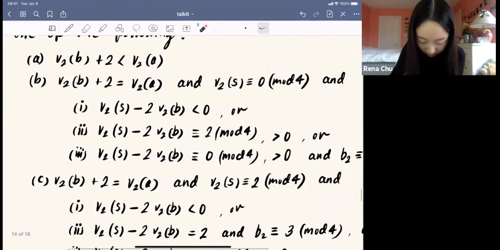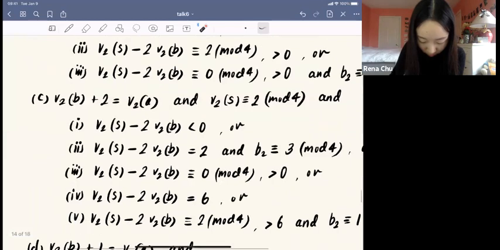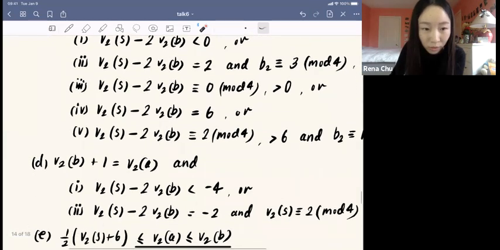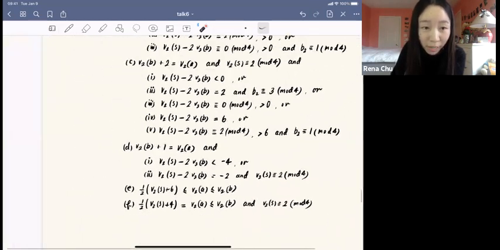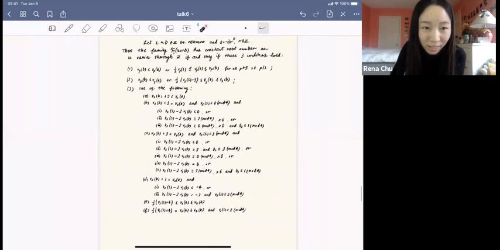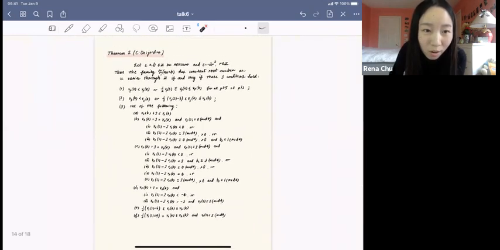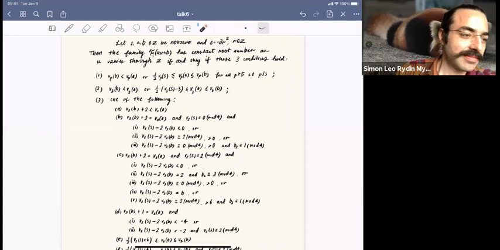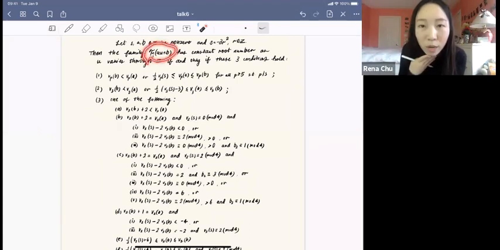But it is these conditions for P equals 2. And it's not too bad, actually. And this is all the conditions that we need on S, A, and B in order for this subfamily to have constant root numbers on integer fibers.